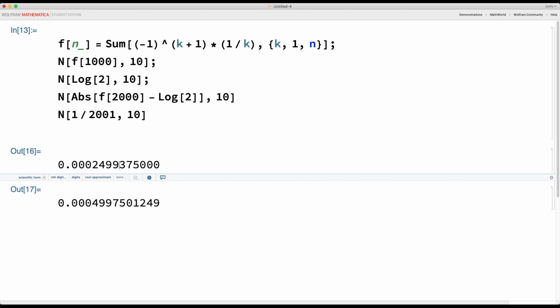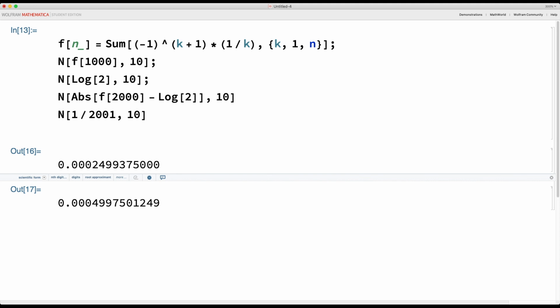That's, I think, coincidence. Yeah, we have less error than we did before, and that makes sense because we went further out in the series. But the error is smaller than the first term we omitted, right?